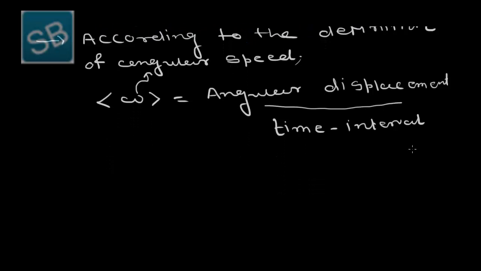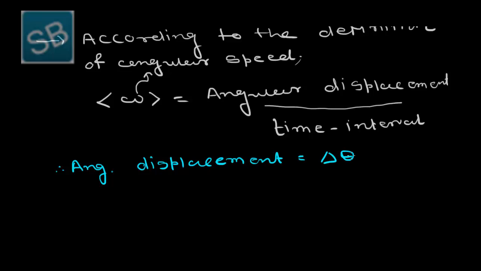Now I am assuming over here that the angular displacement of the particle of a rigid body is delta theta, and the time interval in which the angle changes from theta to theta plus delta theta is delta t.